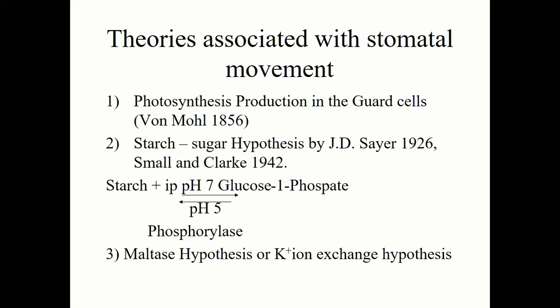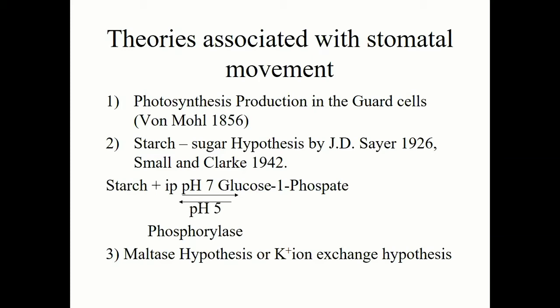The first objection is that whatever photosynthesis occurs in a guard cell is not of much magnitude, or there is no significant photosynthesis occurring in the guard cell. Whatever chloroplasts are present in the guard cell are not active enough to synthesize sugar, so the increase in concentration is not explained by the scientists. So that's why this hypothesis is not accepted.